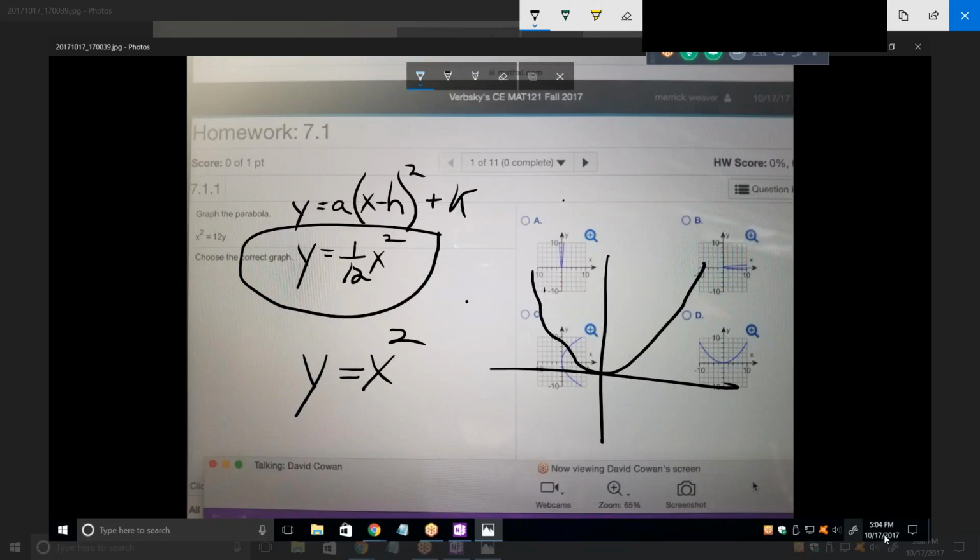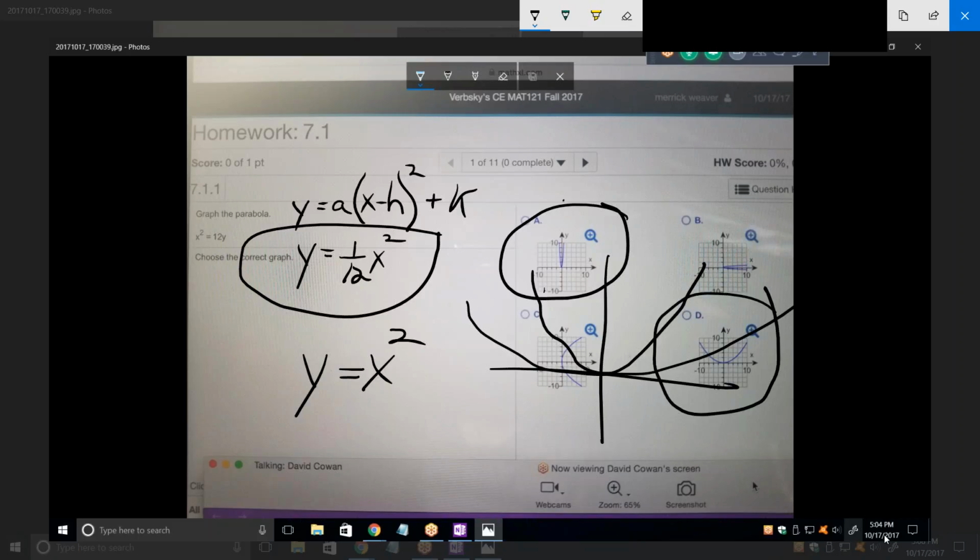It's going to look something like that. So we know, first of all, that it's either A or D. Which one is it? It couldn't be A, right? It's got to be D. D is flatter than A.